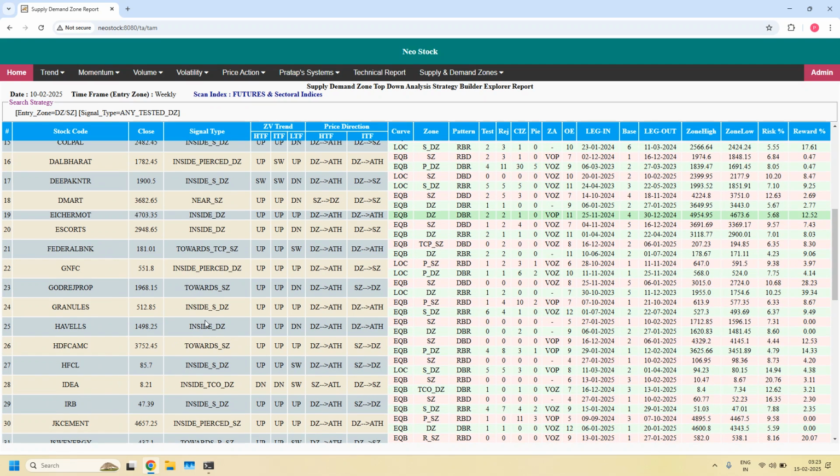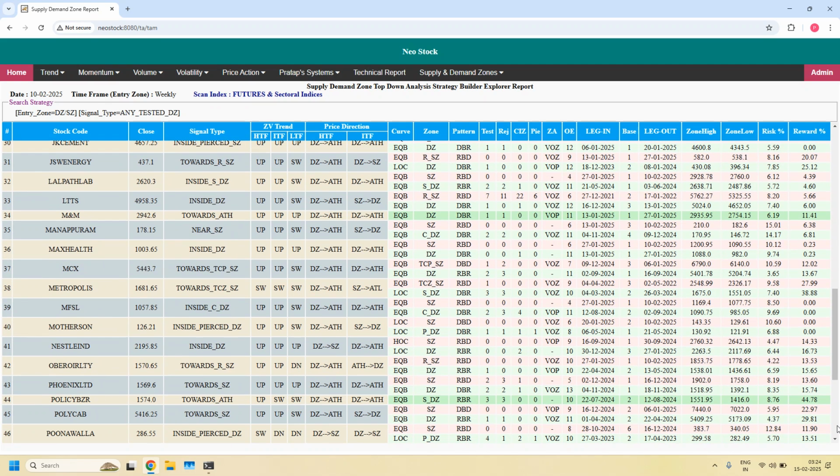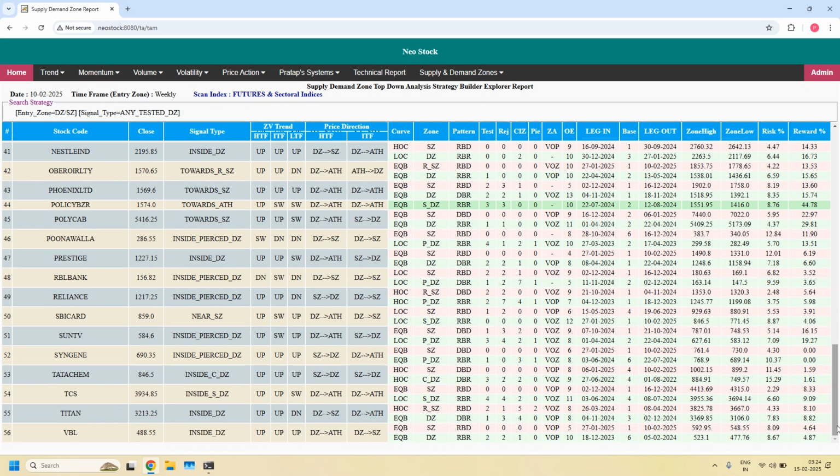See, some of the demand zones are tested and price closed inside the demand zone. Some of the demand zones are tested and price has now started moving towards the supply zone, weekly supply zone. So total 56 stocks.